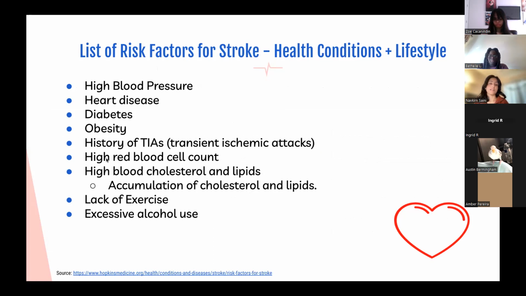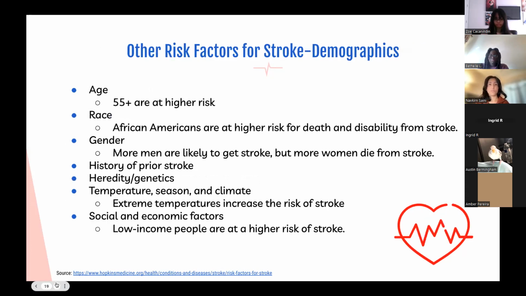And then having a high red blood cell count, high blood cholesterol and lipids. This relates to accumulation of cholesterol and lipids. This then can lead to plaque development and can then, like we saw earlier, lead to stroke. And then lack of exercise is also a risk factor, as well as excessive alcohol use.